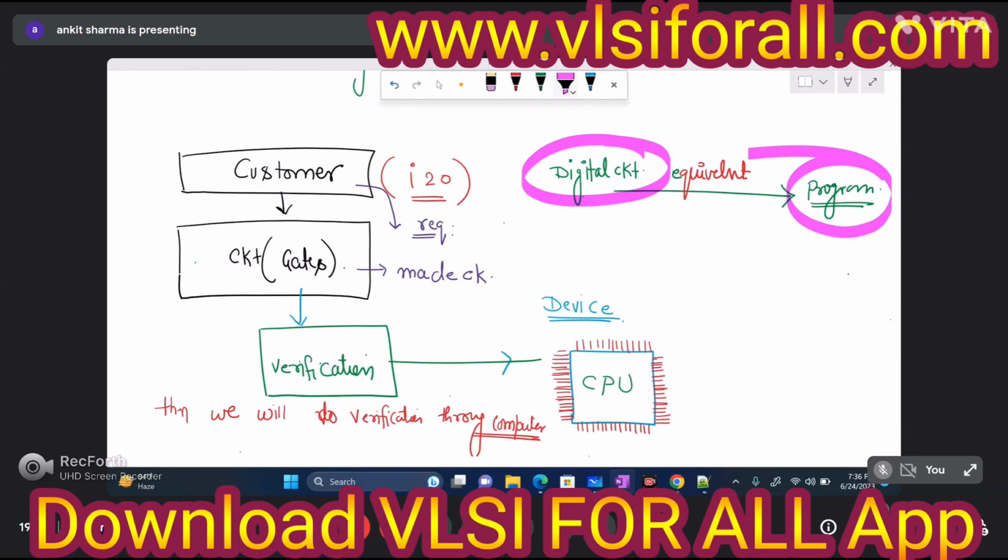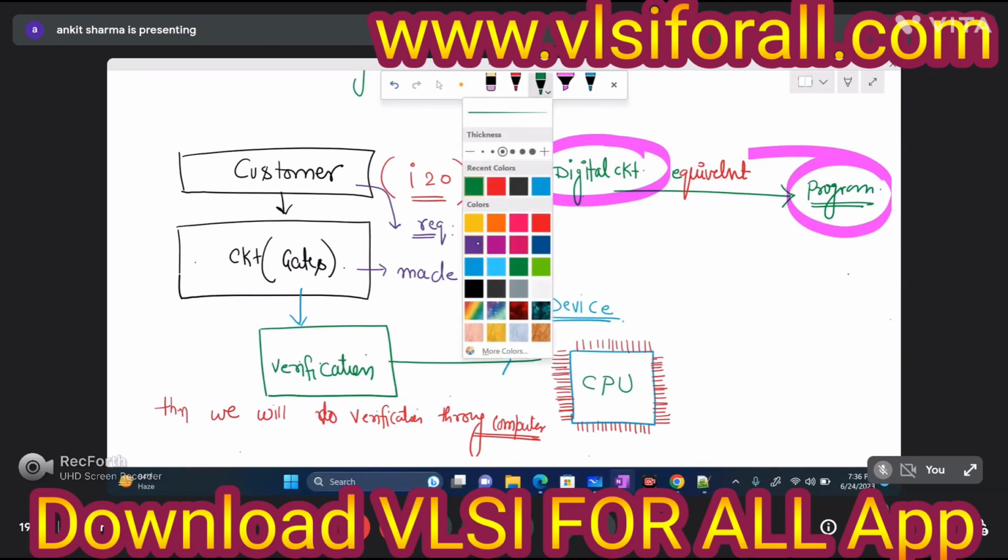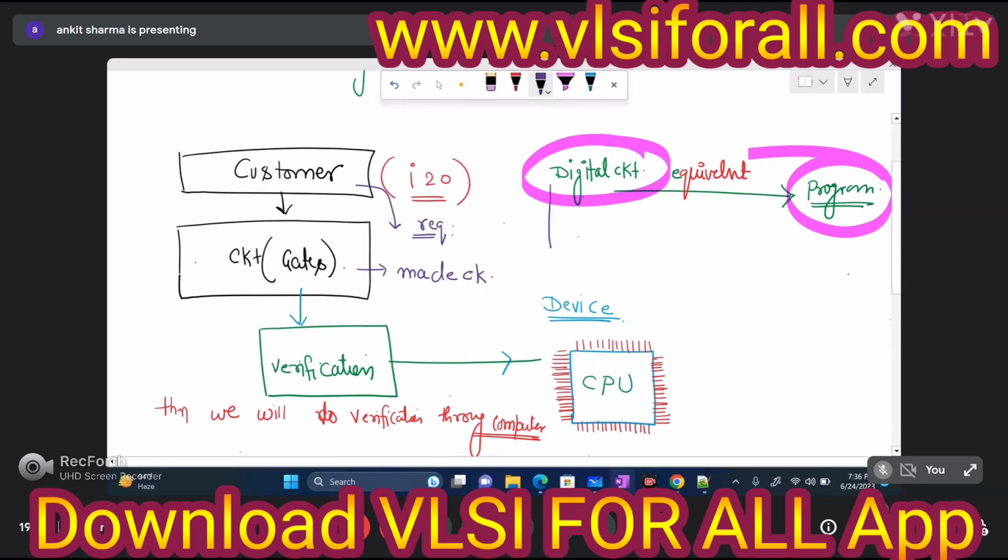So I conclude my challenge: I need to do verification through a computer only, but a computer can understand a programming language, and what I have in my hand is a digital circuit. So how can I send an equivalent thing? How can I send? So this is something we need.